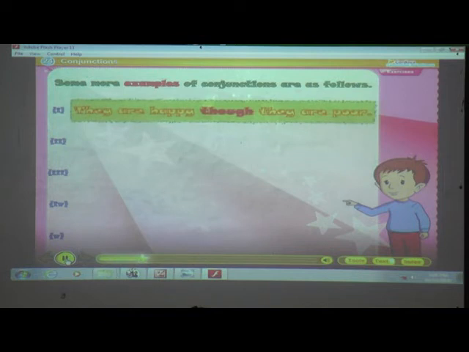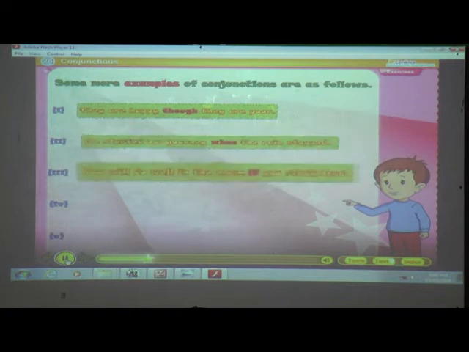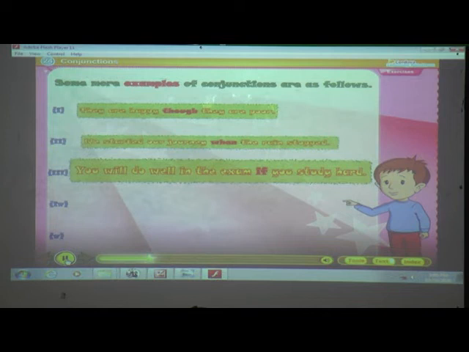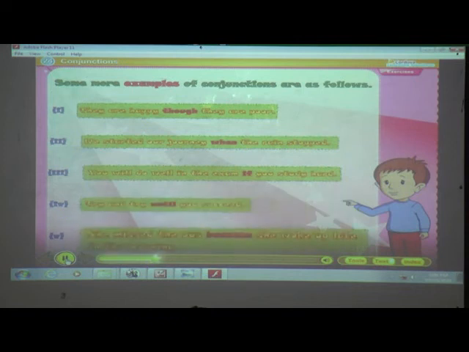They were happy, though they were poor. We started our journey when the rain stopped. You will do well in the exam if you study hard. Try and try until you succeed. She missed the bus because she woke up late in the morning.